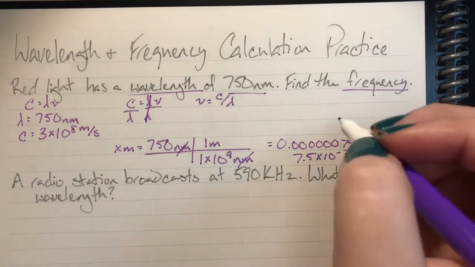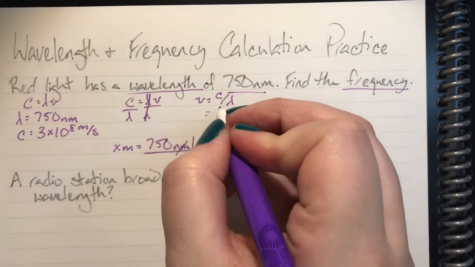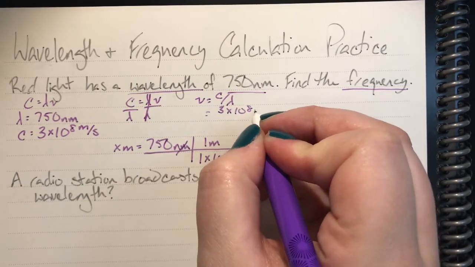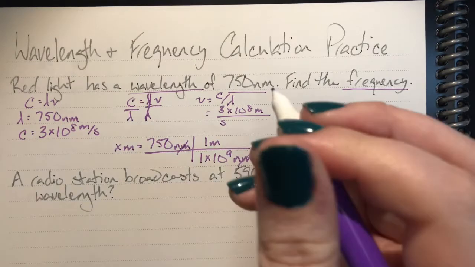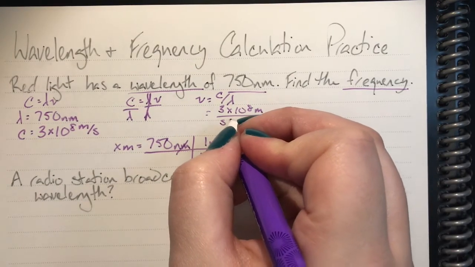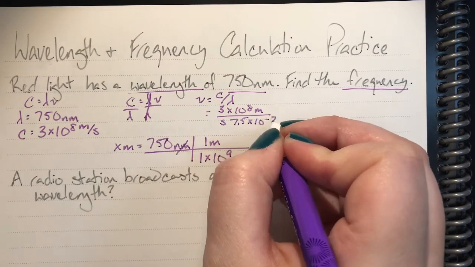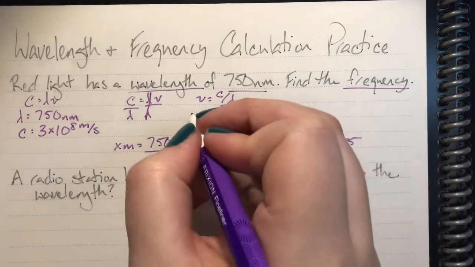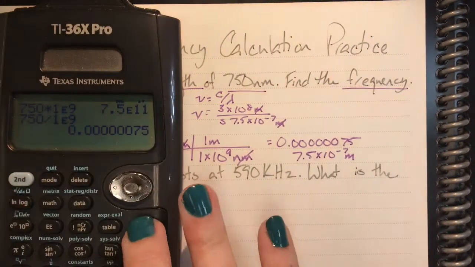So then I have that my frequency, my nu, is equal to the speed of light, which was 3 times 10 to the 8th meters per second, divided by my wavelength, now in an appropriate unit, 7.5 times 10 to the negative 7th meters. Meters cancel. And so I can go ahead and plug that into my calculator.